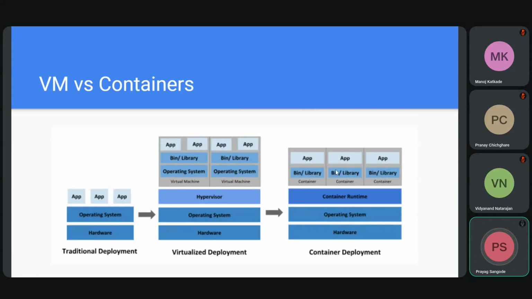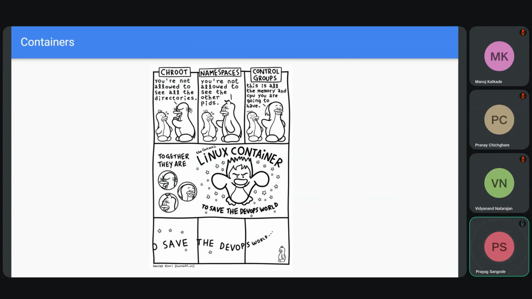But with containers on a single system, due to the isolation, all the containers can have different versions of the binaries and different code, and they won't interfere with each other. So resource separation and isolation are both done.